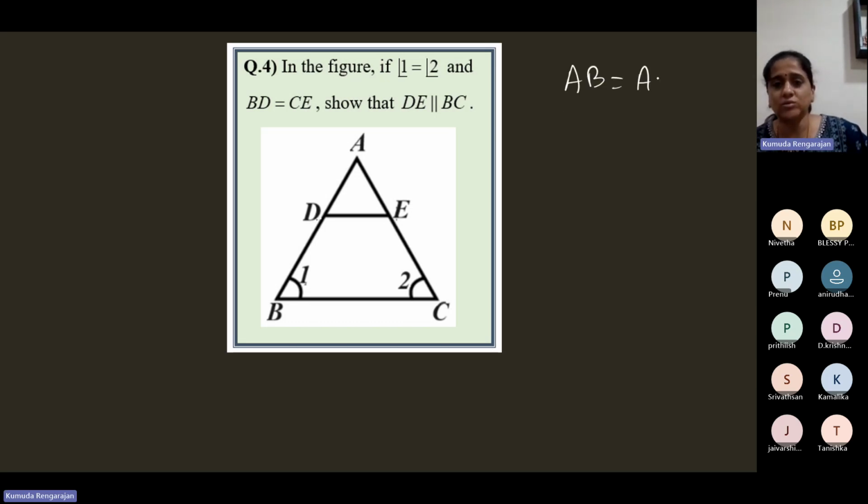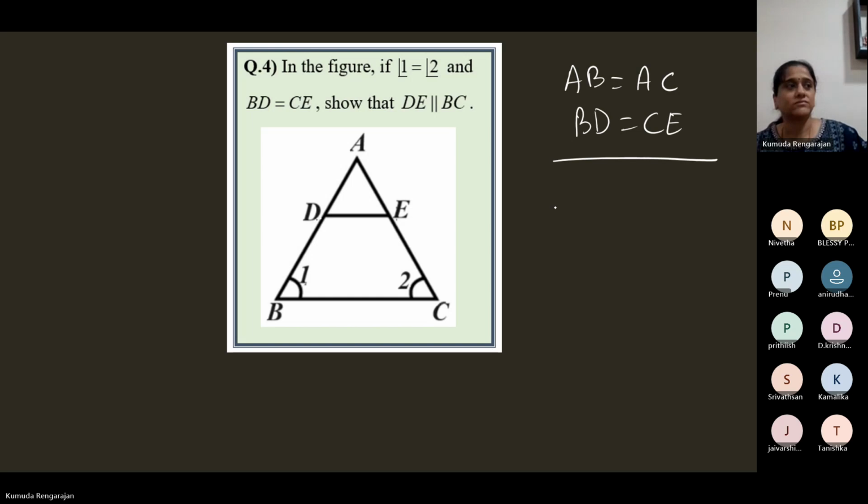Then what is given? BD is equal to CE. Now, what do you think should be done with these two? Subtract, because AB minus BD will give you AD, and AC minus CE will give you AE.